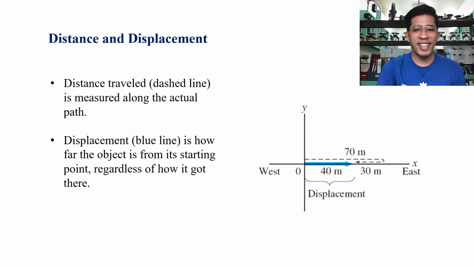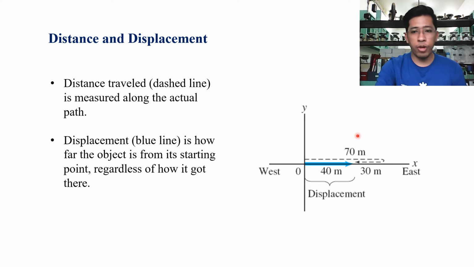Now let's discuss distance and displacement. Are these two terms similar? Let's see. When we say distance, the distance traveled, which you see here in the figure as the dashed line, is measured along the actual path. Looking at the figure, the particle travels 70 meters east and then goes backward 30 meters west.